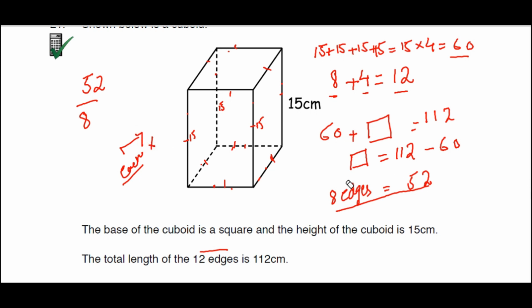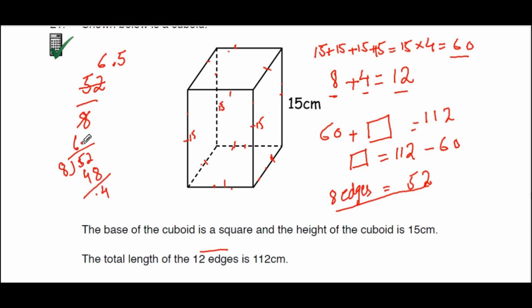Okay, so now we have to divide 52 by 8, and what will be your answer? 8 times 6 is 48, and 8 times 5 is 40. Why did I put the decimal over here? You can try if you don't know. 8 times 6 is 48, and 52 minus 48 is 4.